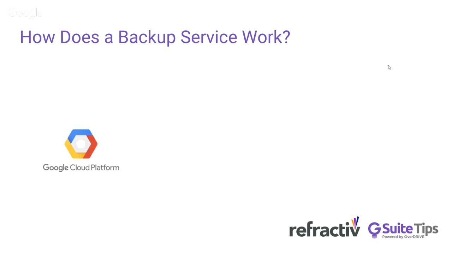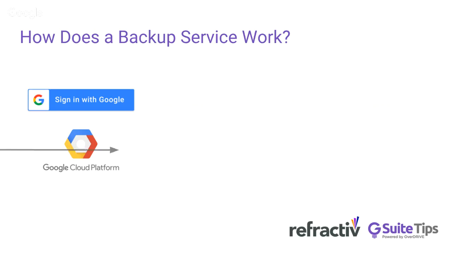So as you saw earlier, all your G Suite data is held on the Google Cloud platform, just like all the other Google products. This is a cloud-based infrastructure owned, managed, and operated by the Google team. A third-party backup solution has access to your data and uses this authority to pull data from the Google infrastructure to another, typically external, platform.